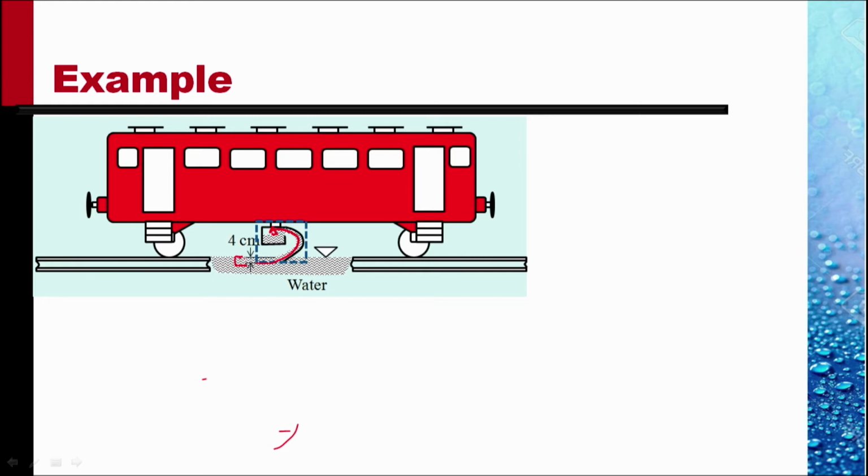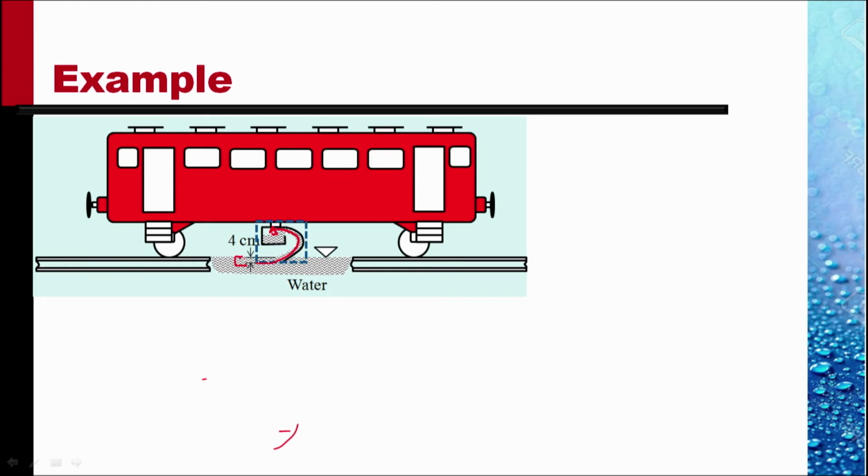This is the area of the scoop. And this area is normal to the velocity of water moving in. The relative velocity of water across the surface is the same as the velocity at which the train is moving forward. So, if we know the velocity, we know the influx of water.